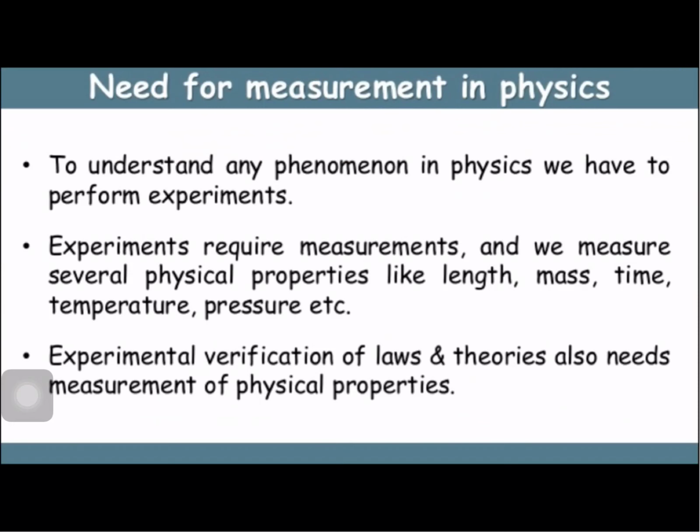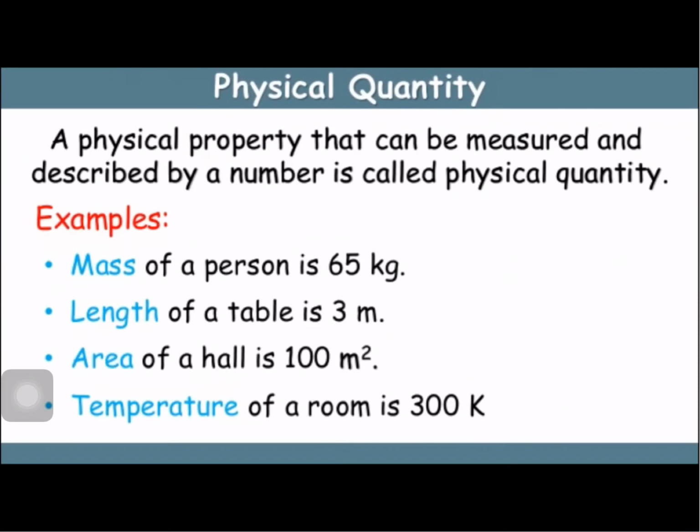So from that, you can ask one question: what is the need for measurement in physics? See, the experiment requires measurements, and we measure several physical properties like length, mass, time, temperature, pressure, etc. So experimental verification of laws and theories also needs measurement of physical properties.